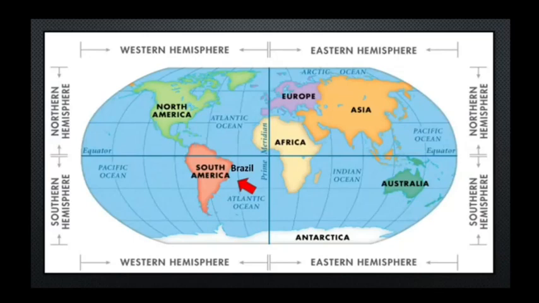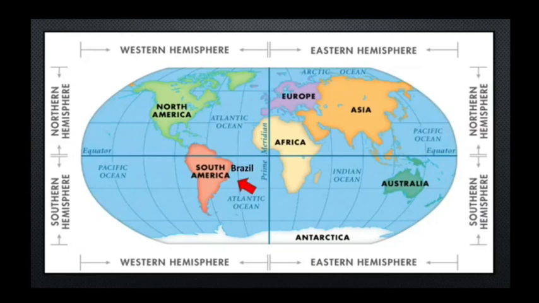So children, now let us see where Brazil is actually located in the world map. If you look at the map, you can see that some parts of Brazil lie in the northern hemisphere, while most part lies in the southern hemisphere.